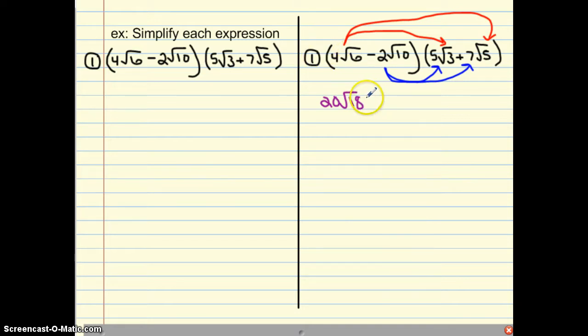Our second term will be 28 root 30. Our third term will be minus 10 root 30. And our fourth term will be minus 14 root 50.